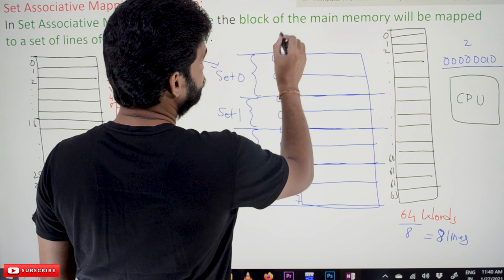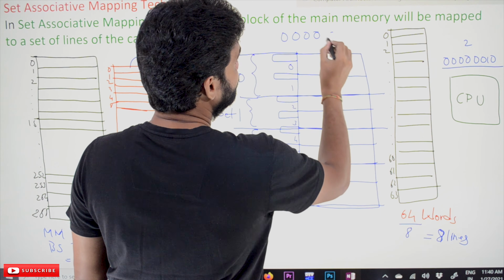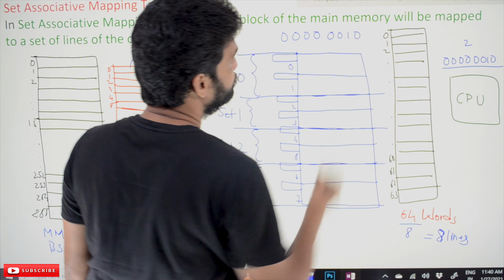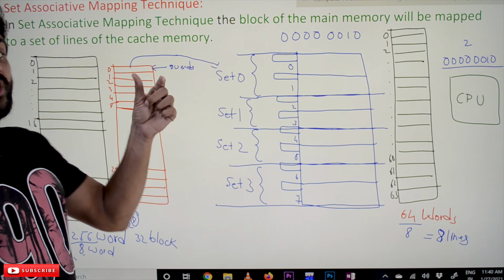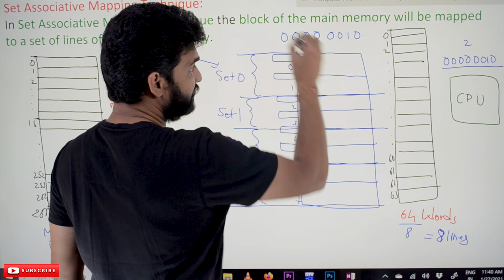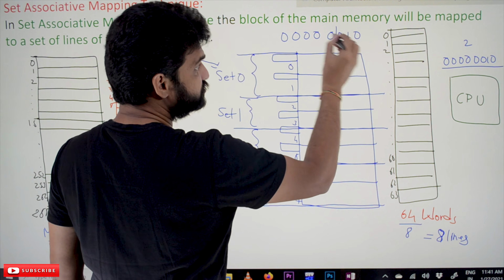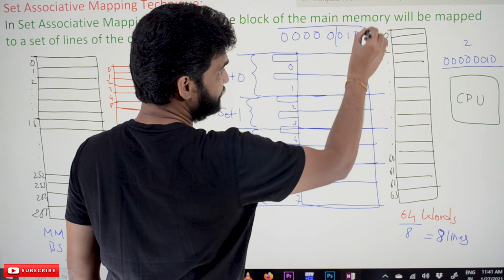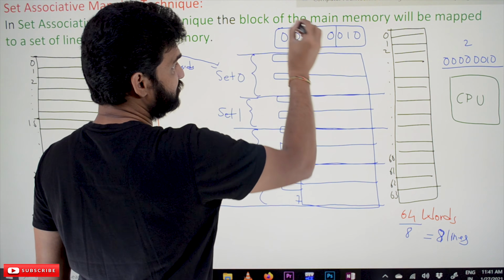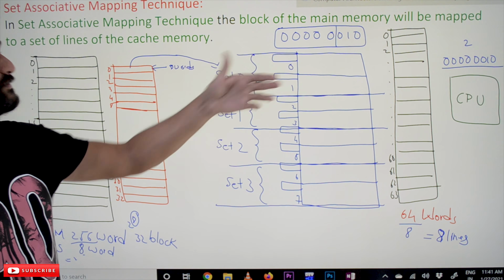So how are we going to do that? The address that has been generated is this, with the line offset. We are going to divide it into parts. These three bits are used as the line offset. What is this line offset? We have discussed this concept many times, but we will discuss it here also for better understanding.